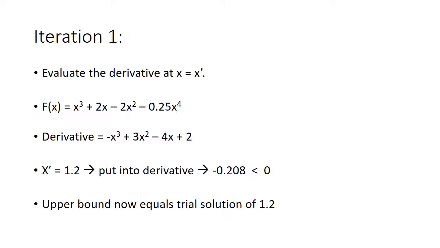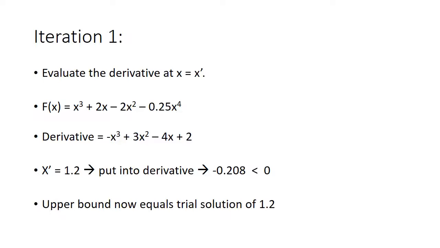Our current trial solution is 1.2, which we got on a previous slide by taking the average of the bounds, and we evaluate that in the derivative. We get negative 1.2 cubed plus 3 times 1.2 squared minus 4 times 1.2 plus 2, and you end up getting negative 0.208.